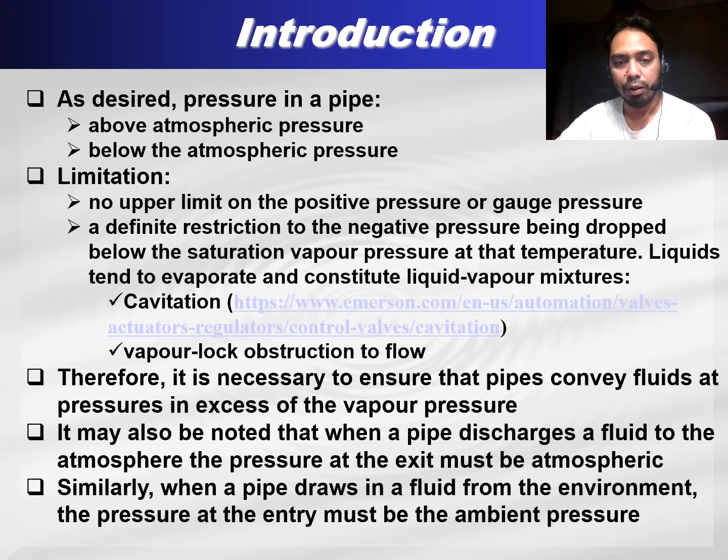And also, it may be noted that when a pipe discharges to the atmosphere, then it will be considered at the atmospheric pressure. And also, when a pipe draws fluid from the atmosphere, then the pressure at the entry can be considered as the ambient pressure.